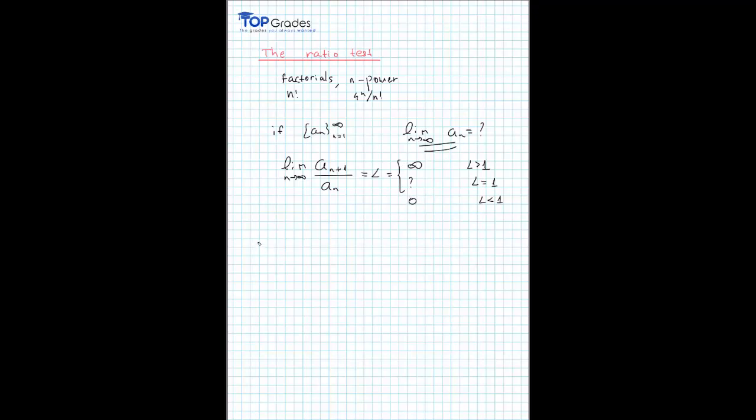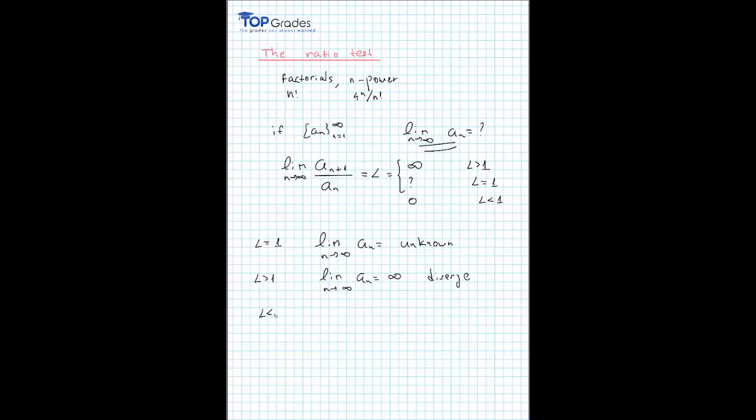So let's write it again. If L is equal to 1, the limit as n approaches infinity of a_n is still unknown. We have to use other techniques. If L is bigger than 1, it means that the limit of our sequence reaches infinity, it diverges.